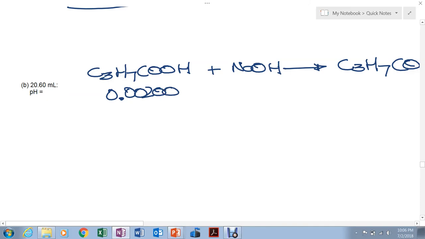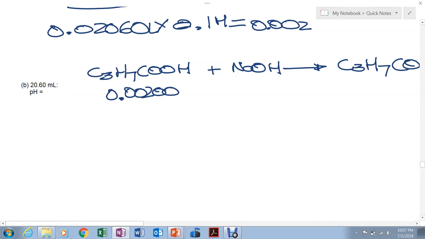Now here you're going to have a different amount because you add 20.60 mL, which is 0.02060 liters, and multiply by 0.1 molar. This is going to be the moles of NaOH, 0.002060 moles. So we're going to put here 0.002060.